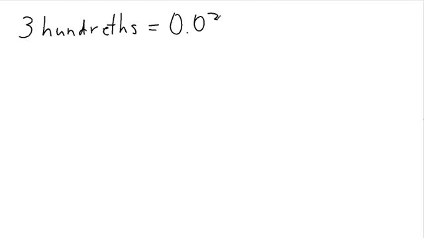So sometimes you might be asked to write a word problem as a decimal. You might be asked to write 3/100ths as a decimal, and to write that you would just put 3/100ths as a decimal.